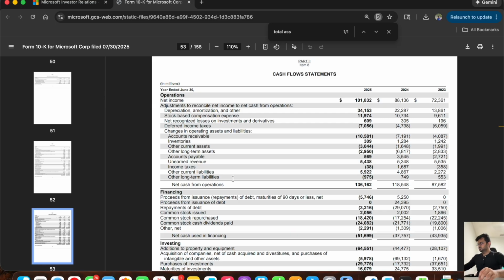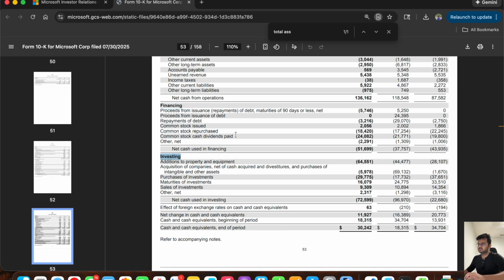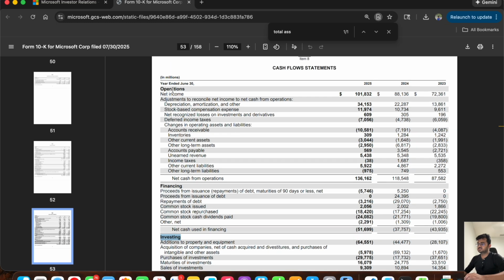As we would know, the cash flow statement will have 3 sections. The first section is cash flow from operation, second is cash flow from financing, third is cash flow from investment. In the operation, it will start with net income, then add back the non-cash expenses, and then update the change in operating asset and liability.